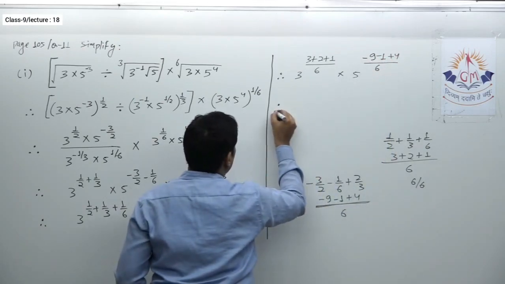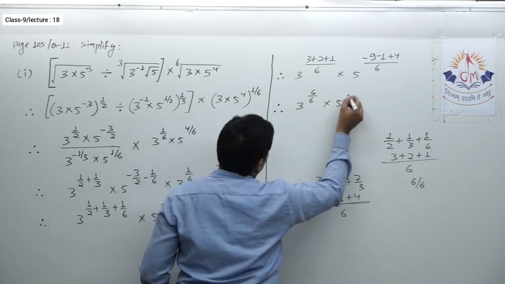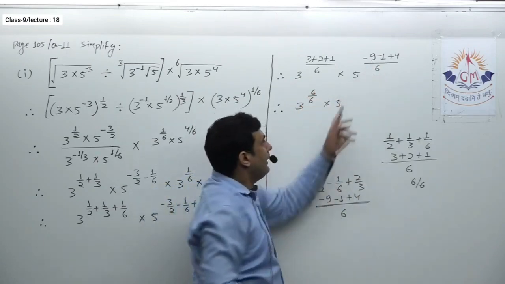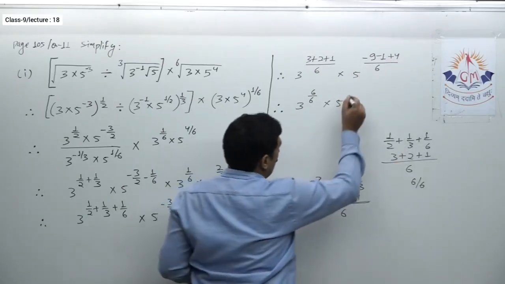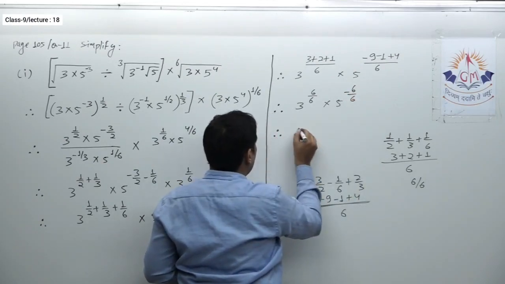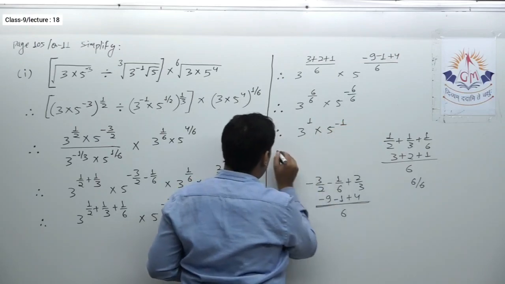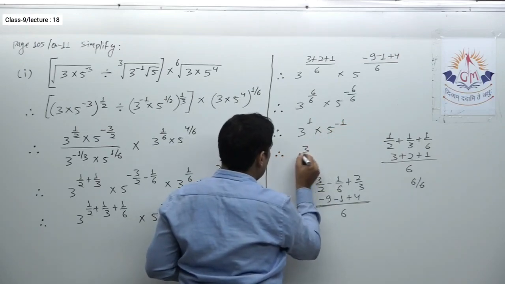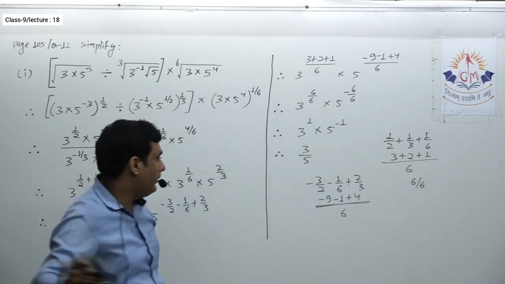So here I do get 3 raised to 6 upon 6 multiplied by 5 raised to, see, minus 9 minus 1 is minus 10, minus 10 plus 4 is minus 6. So minus 6 upon 6. So ultimately here I will get 3 raised to 1 into 5 raised to minus 1. That is 3 upon 5. So this is the final answer.